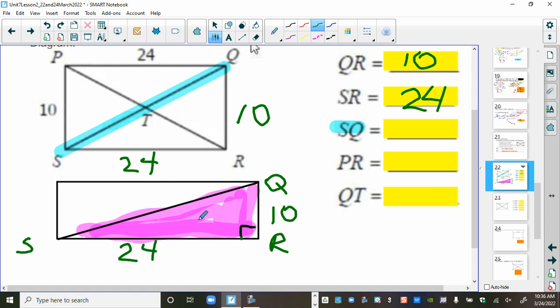Because remember, you have to use the Pythagorean theorem. Here's your hypotenuse. So you got to take the 24 and the 10. But what are we going to do with the 24 and the 10? Are we just going to add them? Or what do we have to do first? Does anybody remember from Pythagorean theorem?